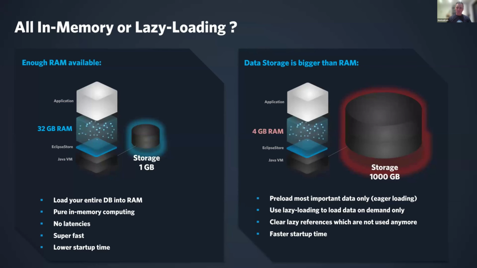You can also have just 4 GB memory and a huge storage, a huge database, and you can also run an EclipseStore application with an AWS Lambda with only 500 megabytes of memory. This is basically possible. But of course, the more memory you have, the faster your application will be. So memory is recommended, but not mandatory.